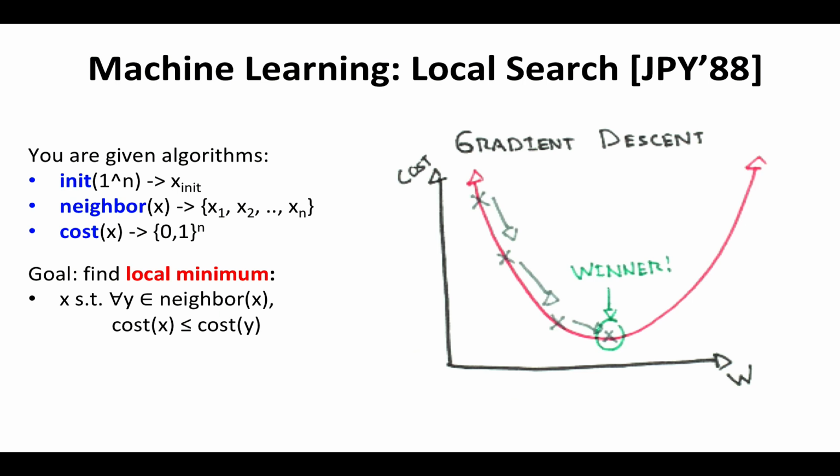From there you take one that has the smallest cost, and so on and so forth, and eventually you have to come to a node that doesn't have any neighbors with smaller cost, because otherwise you run out of different costs. So local search clearly is a very useful thing, and here we're guaranteed that a solution always exists.